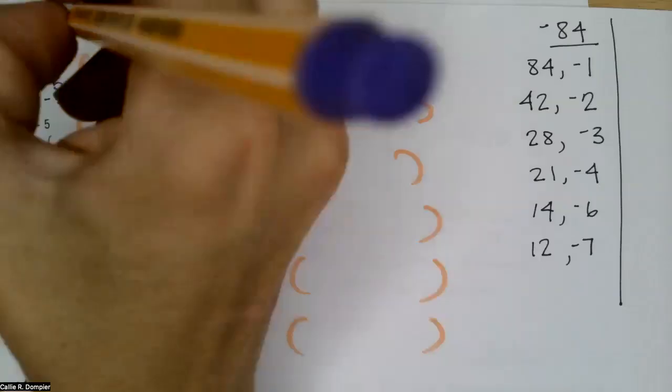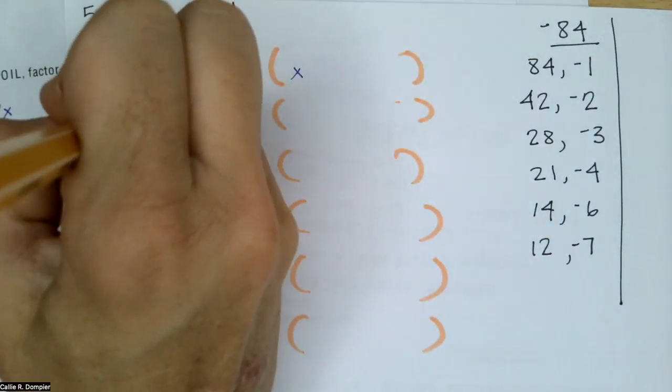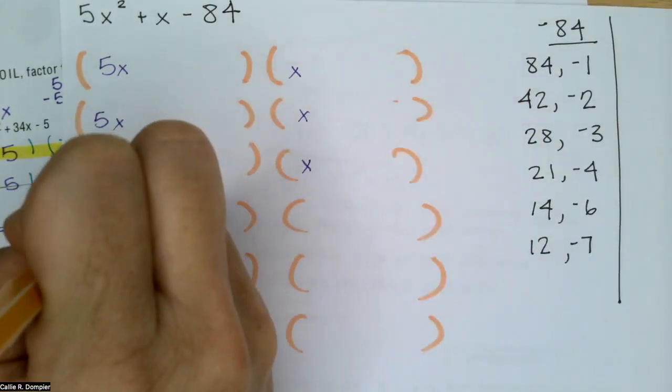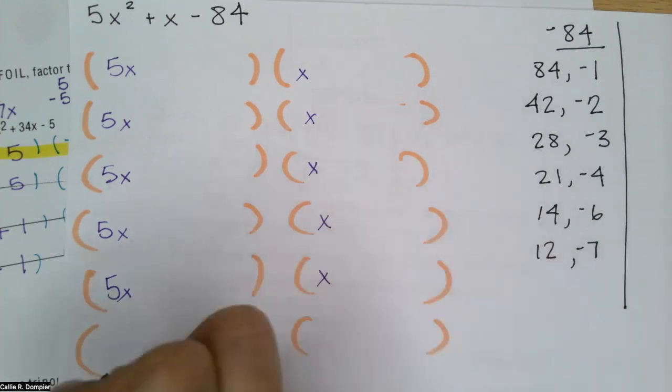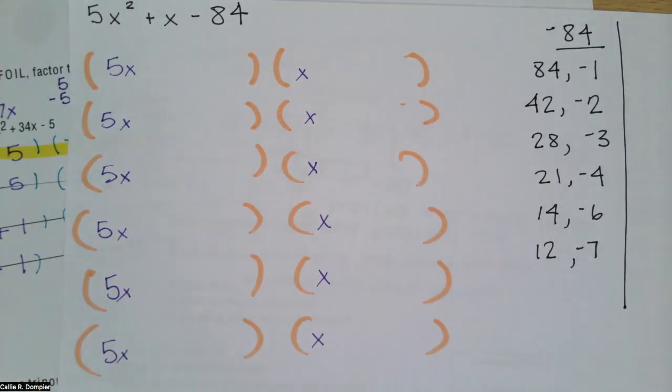All right, so we have 5x squared becomes 5x and x. So I'm keeping the first terms in the same position. And then I have to substitute in each. Okay.